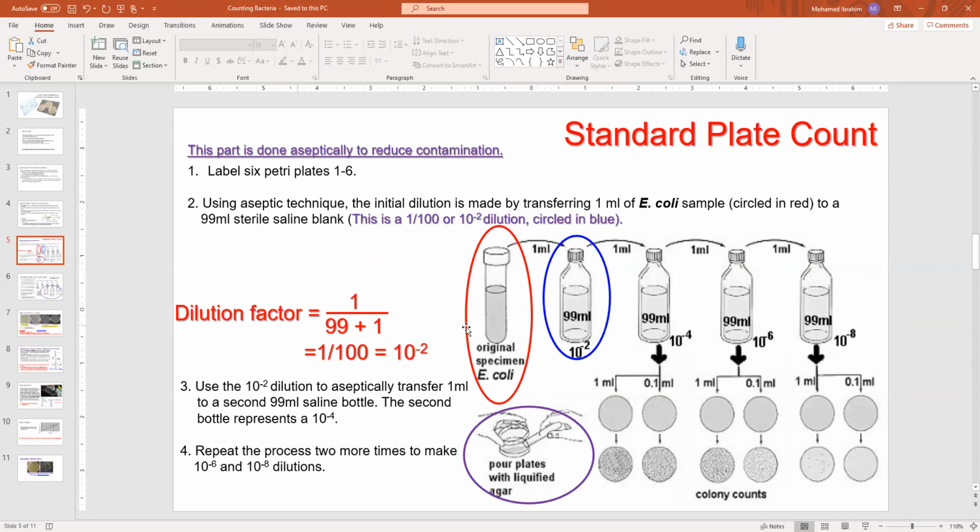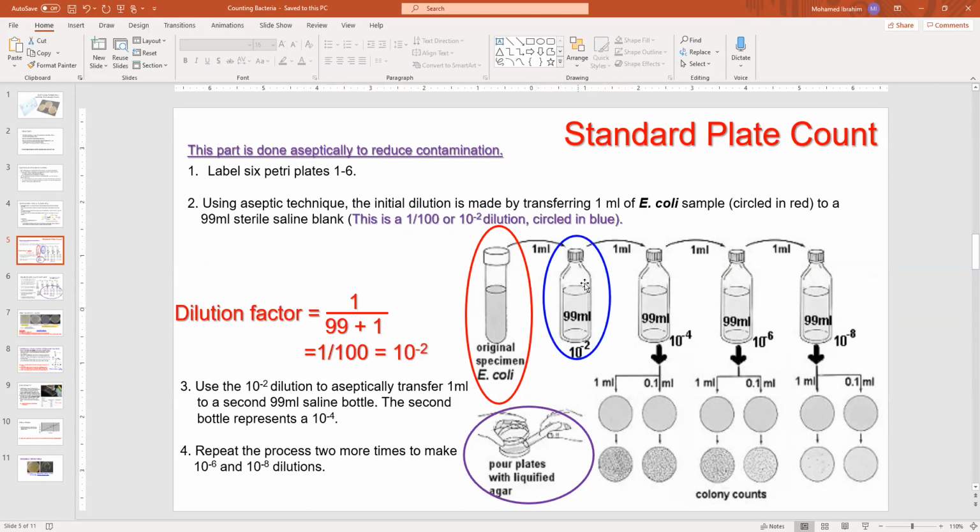The dilution factor is the amount transferred, which is 1 ml, divided by the total volume. The total volume is now 100 ml, not 99, because I transferred 1 ml to the bottle. So it is 1 to 100, or 10 to the power of minus 2. This is the first dilution.